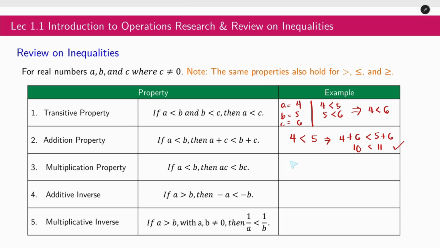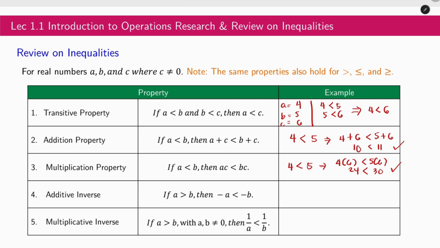Here naman sa number 3, 4 is less than 5 implies that 4 times 6 is less than 5 times 6. So 24 is less than 30. So this is correct.